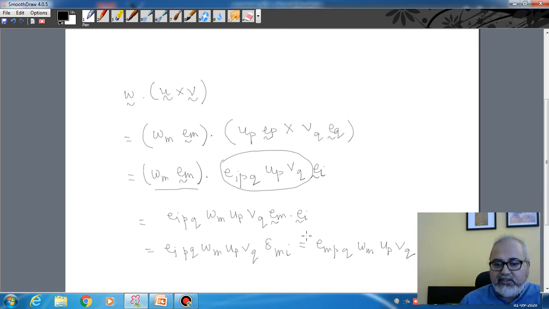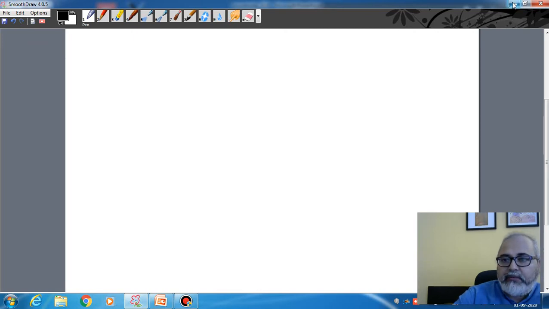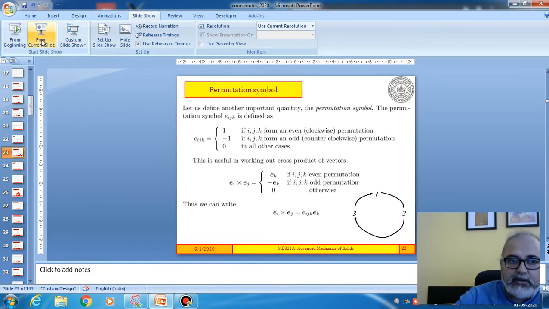So what you have is a scalar, and because it's a scalar, I can write this as, let's say, EIJK WI UJ VK. This is also equally valid as this expression. So this is how you work with vectors and use the permutation symbol and the Kronecker delta to figure out the various vector identities that we already know.